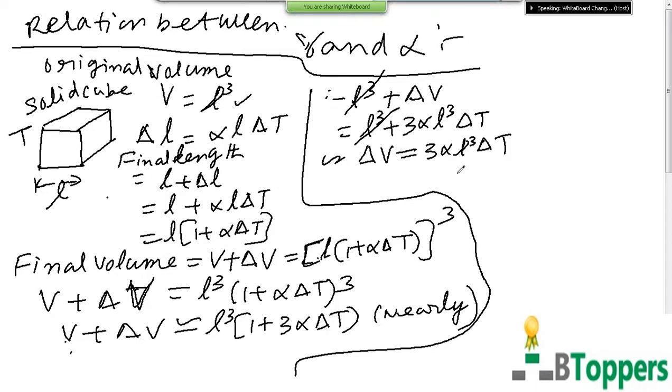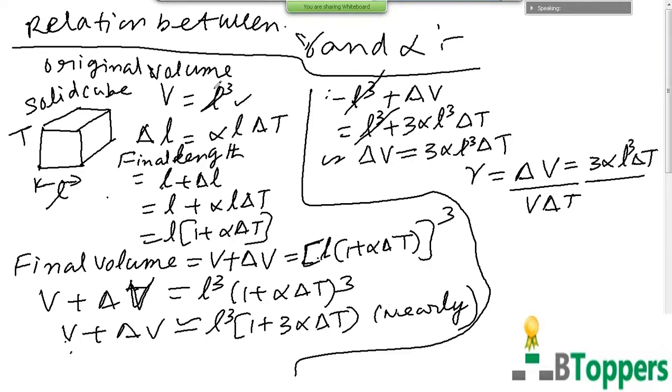So the average value of the coefficient of volume expansion of a solid can be delta V by V into delta T. So delta V you can write as 3 alpha L cube into delta T. V is the original volume, which you can write as L cube.